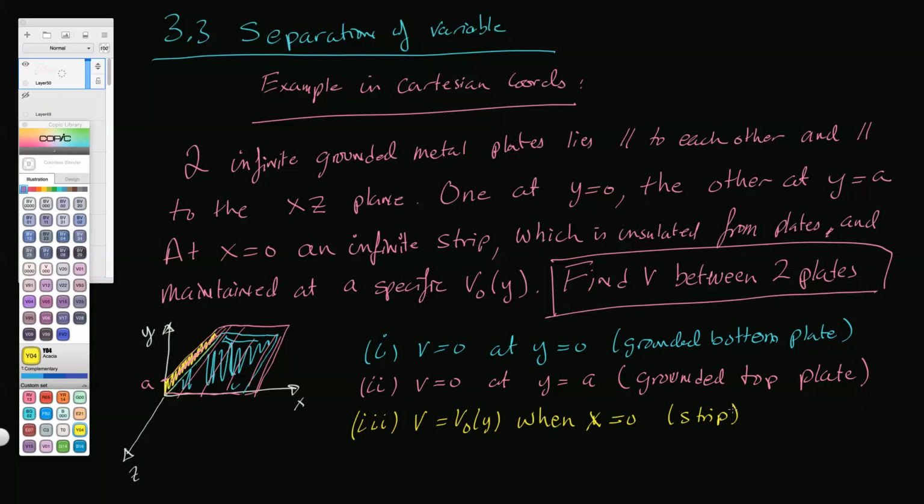Hot meaning like it's plugged in. Then it should be 0. So the potential should be 0 far away. V should go to 0 as x goes to infinity, because we're far from the strip.